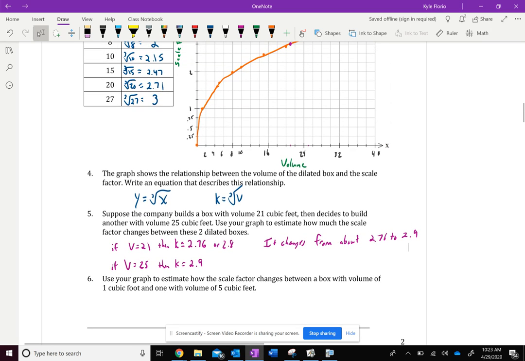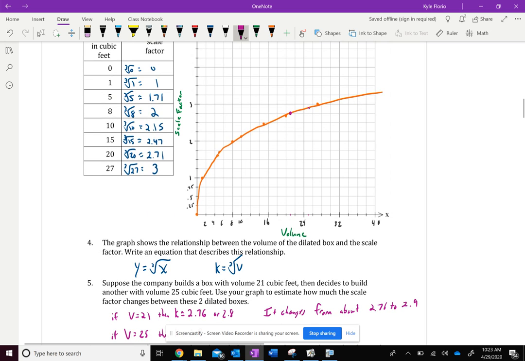Now use your graph to estimate how the scale factor changes between a box with a volume of 1 cubic foot and 5 cubic feet. All right, so if the volume equals 1, then the scale factor is 1. We did that one already. If the volume is 5, then k equals, I think we did that one as well.